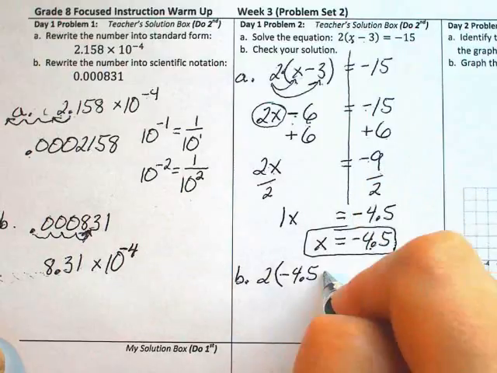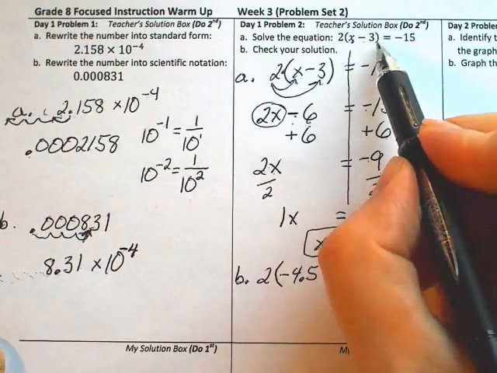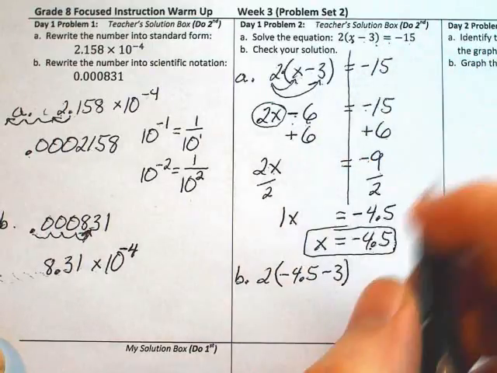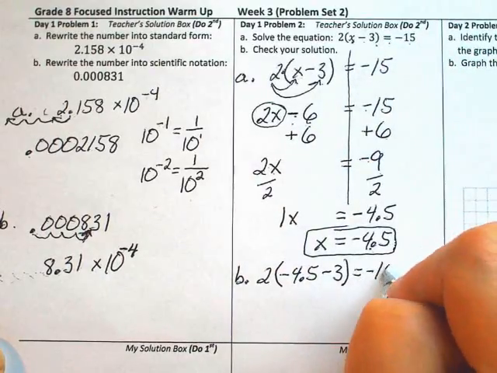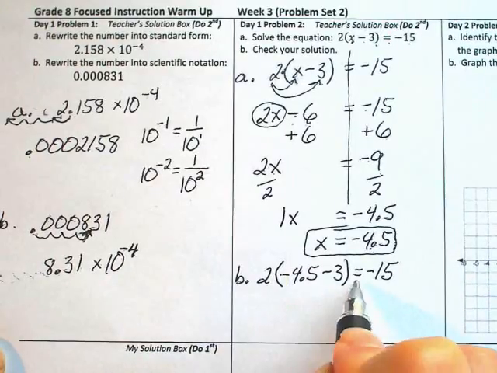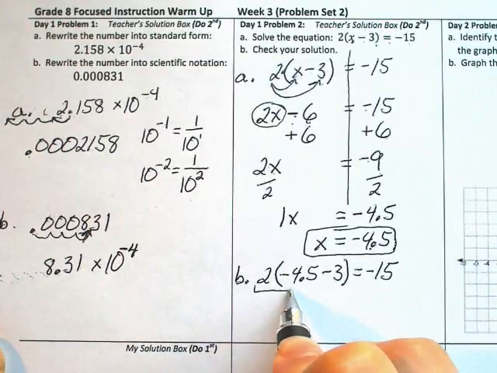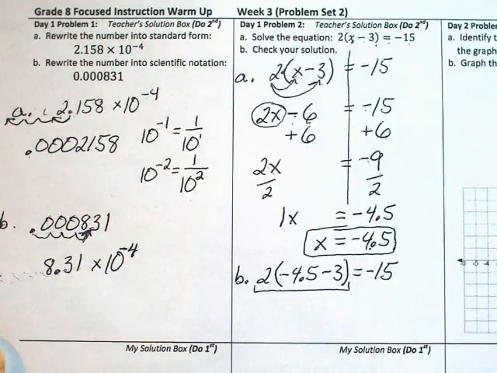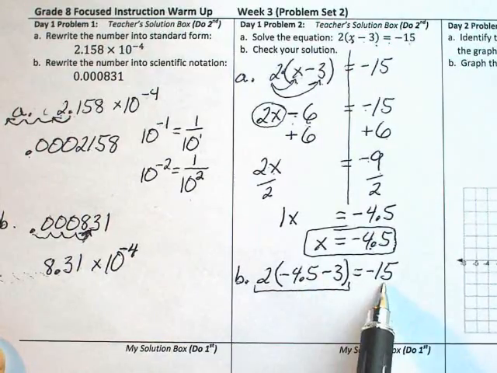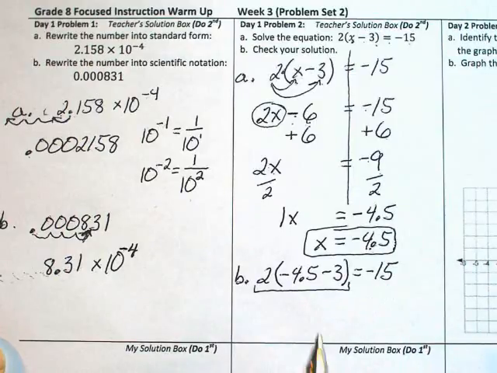Subtract 3, parentheses, and then equals negative 15. Now on the left side of the equation, we have this expression. Let's work out what this is equal to and see if it does in fact equal negative 15.